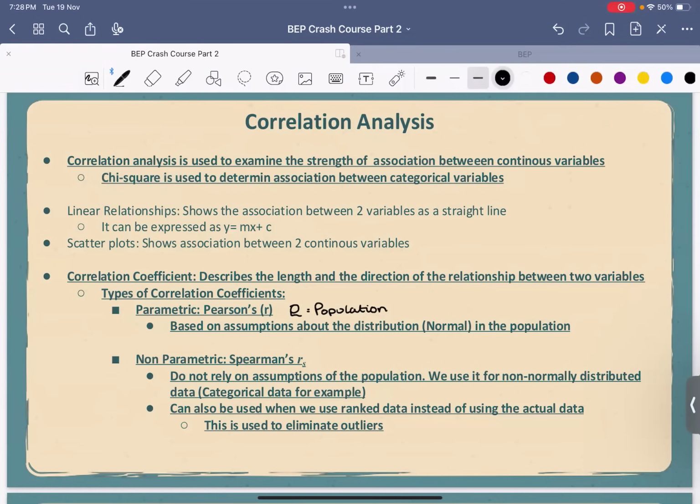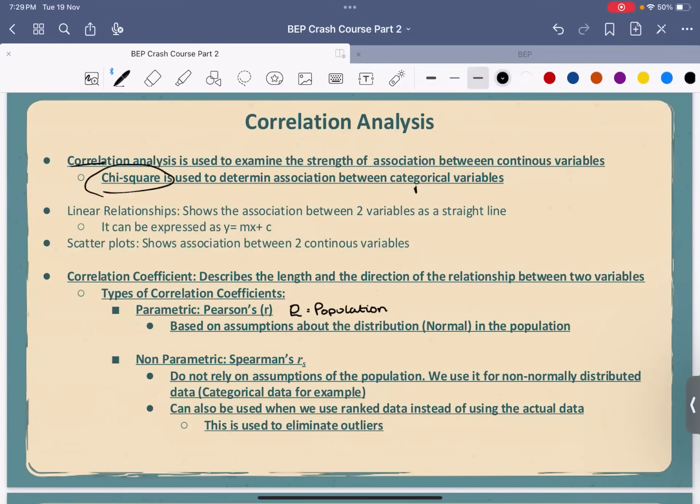They won't ask you straight out what test of correlation you will use for categorical. No, they'll give you a case. They'll tell you we're trying to compare, for example, blood group with the chance of lung cancer. That's categorical because blood group is nominal, so you can't use correlation analysis.